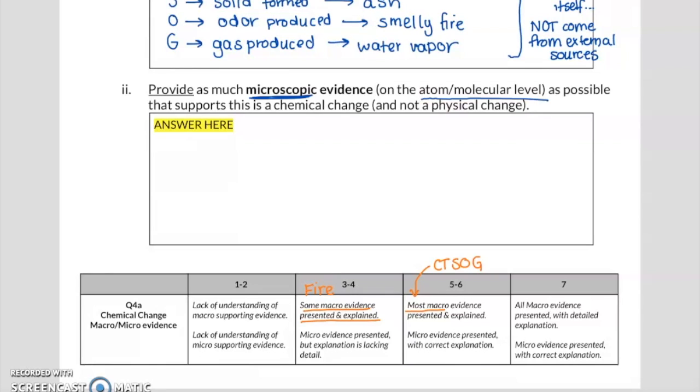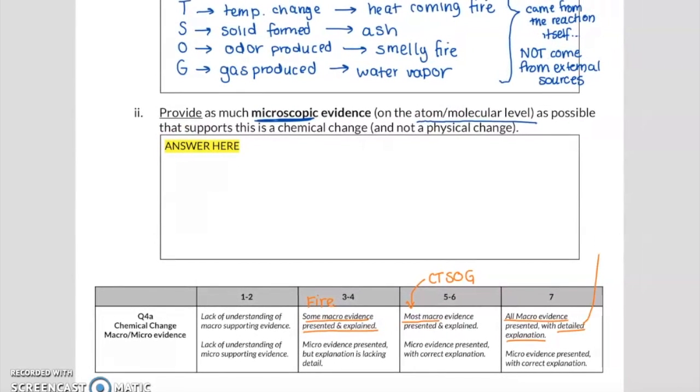In order to earn a 7, you really need to be getting all 5 of those pieces of evidence, and adding that detail that they came from within the reaction itself, that it didn't come from external sources.